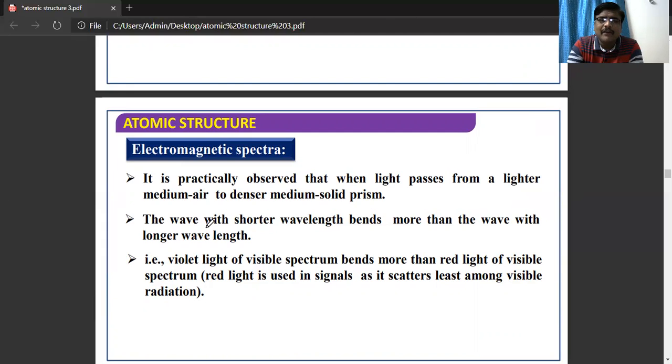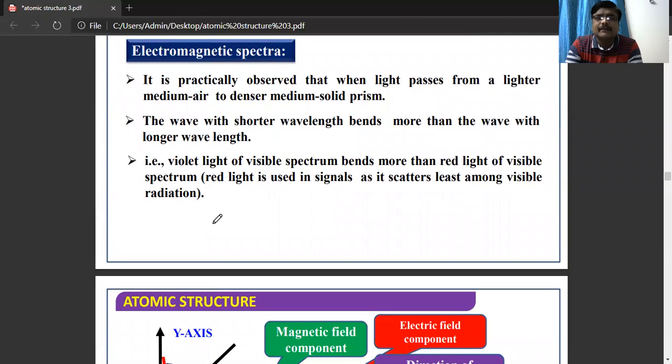The wave with a shorter wavelength bends more than the wave with a longer wavelength. In VIBGYOR, the violet light of the visible spectrum bends more than the red light of the visible spectrum.